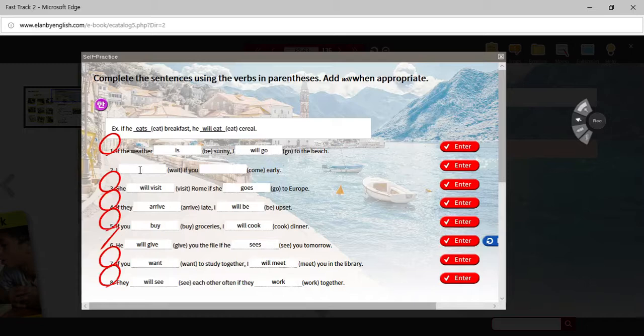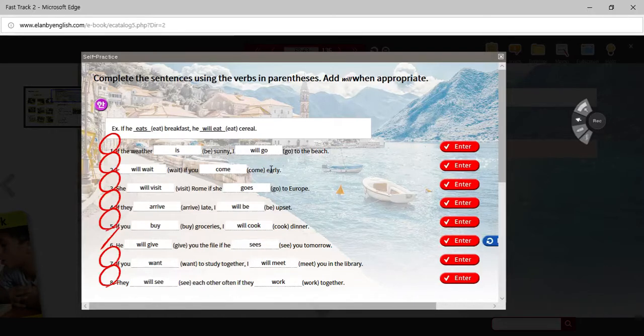Number 2, I'm leaving here. I blank wait if you come early. So I will wait if you come early. Okay, correct. The problem is this sentence does not make any sense. I will wait if you come early. No, I think you will wait if you come early. Or I will wait if you come late.